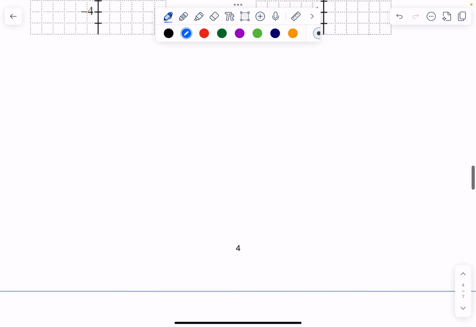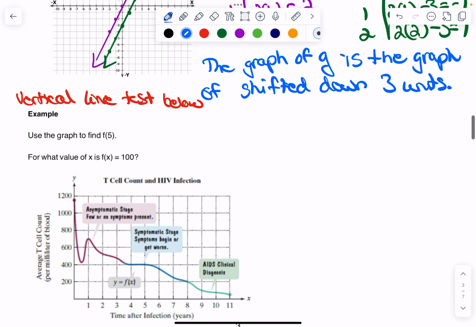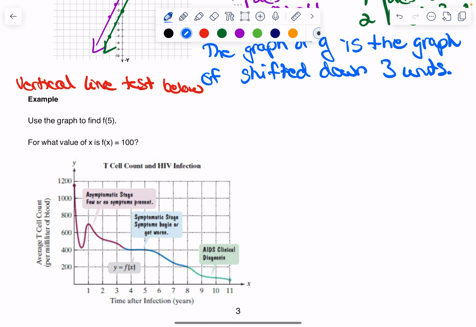Okay, let's go back to where we were over here. So we're going to use the graph to find f of 5. f of 5 means that, again, this is x, f of x. So we're going to look at the x axis, find 5, and then start going up to where it meets the graph, right here. And then we go to the left, and we see that f of 5 is 400.